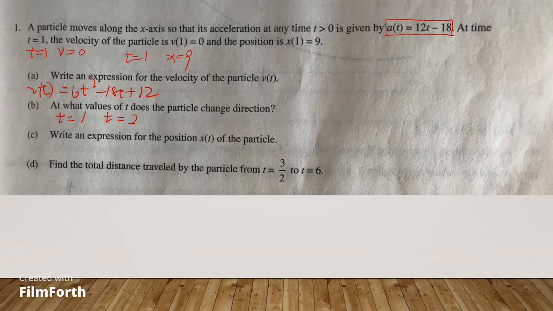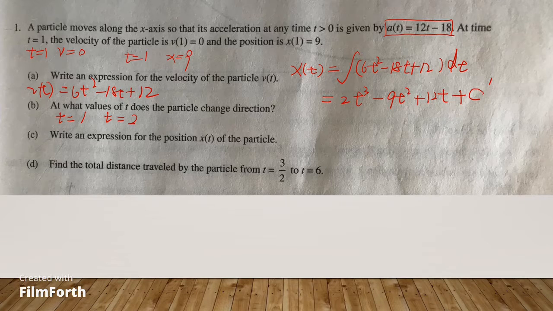So we can find the position function by integrating the velocity function, which is the integral of 6t squared minus 18t plus 12 dt, and equals 2t cubed minus 9t squared plus 12t plus a constant. Another constant, we call it C prime.